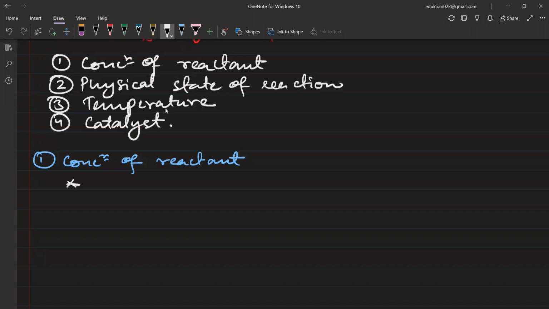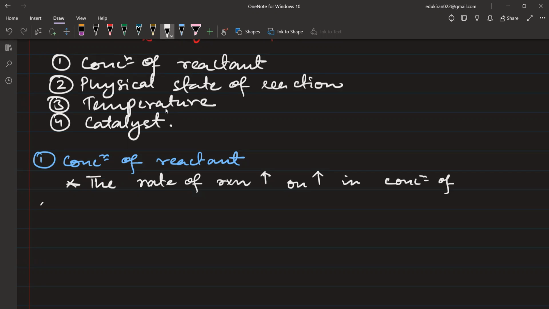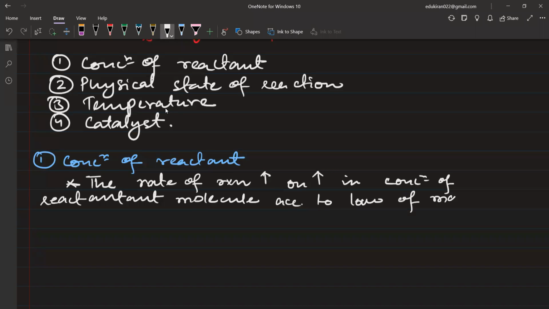Please write: the rate of reaction increases on increase in concentration of reactant molecule according to law of mass action.